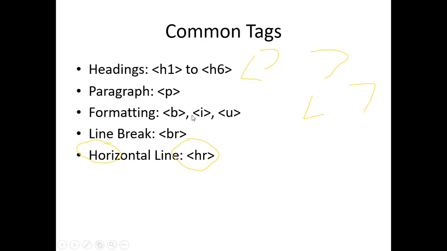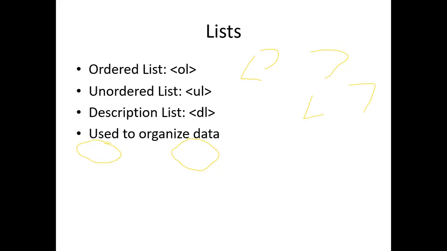While formatting text we can go with these tags. Then for a line break you can use BR. For a horizontal line you can write HR. Now let us see how to use all these common tags with examples.